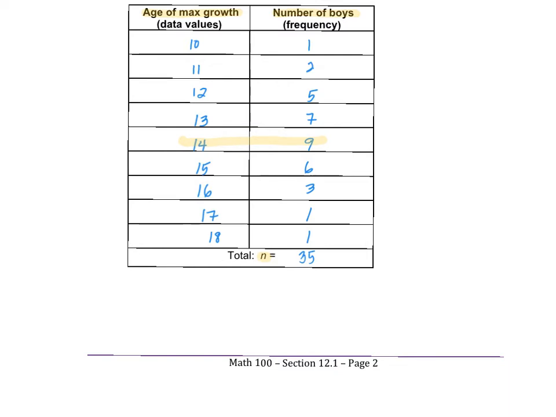So maybe this will lead us to say, well, if we increase our sample size, will 14 still be that magic number? And that's what you usually do in statistics. You start out with something small, see if there's any trend going on, and then, if possible, increase your sample size and see if you can get some sort of conclusion on your data.